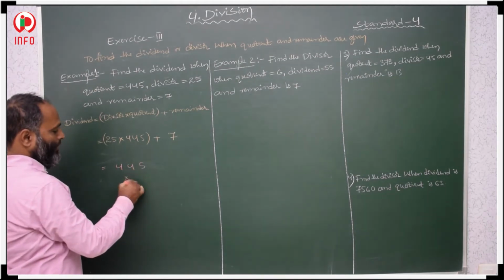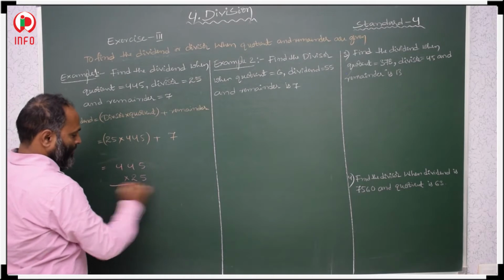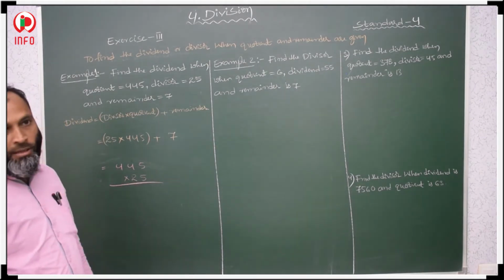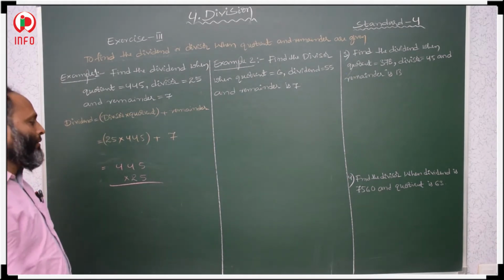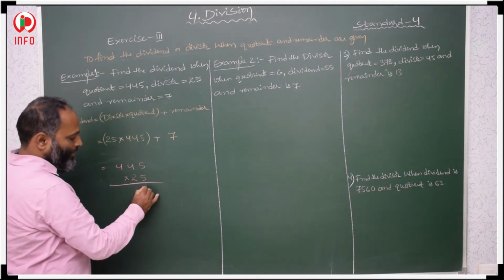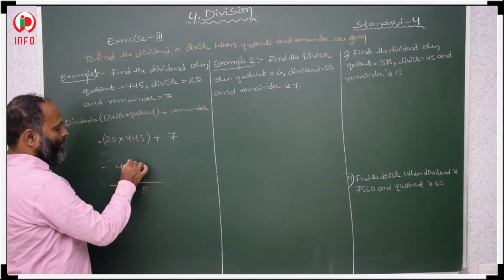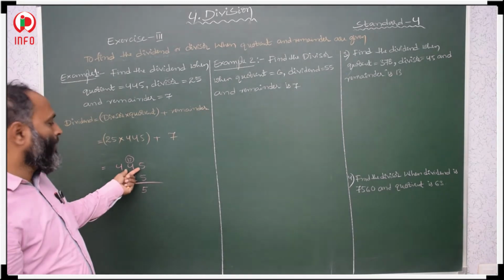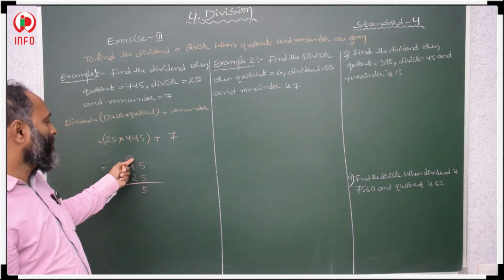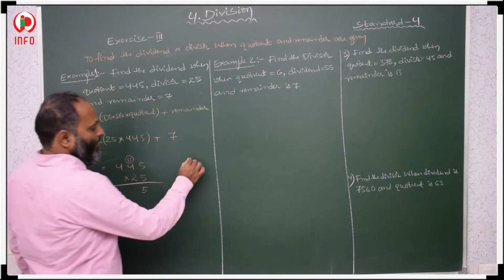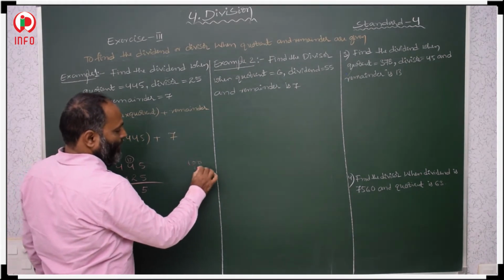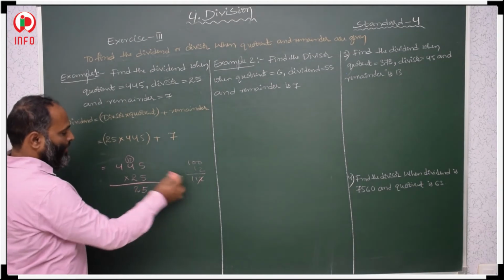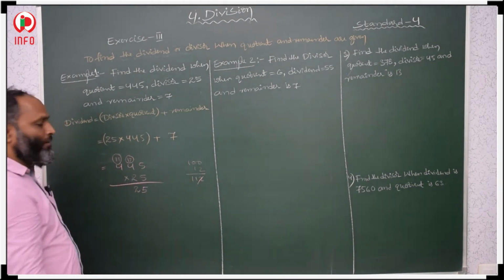Directly take the 25 table: 25 5s are 125. 125 means 5 here and 12 here. 25 4s are 100. 100 plus 12 is 112. These two we keep here and this 11 is left.